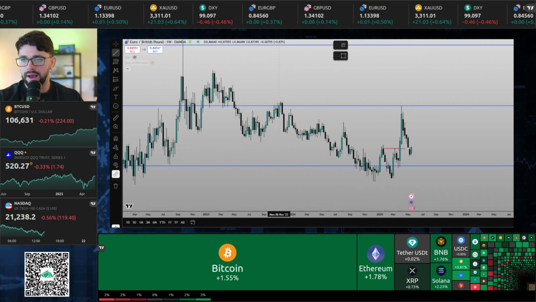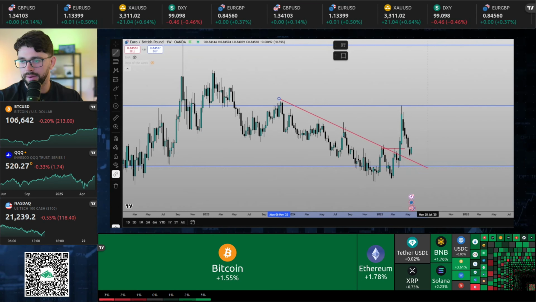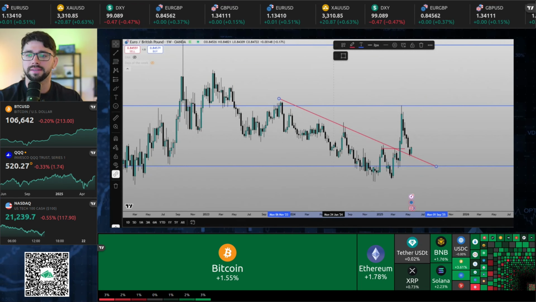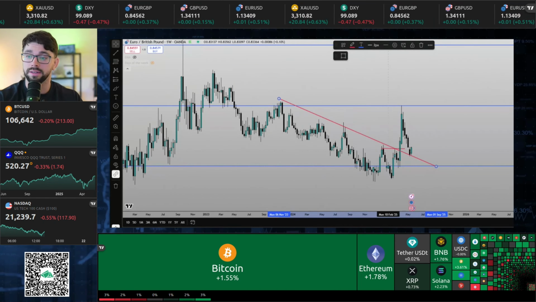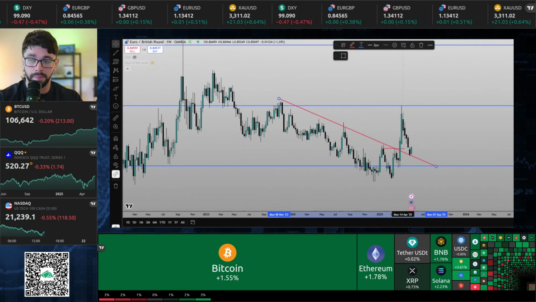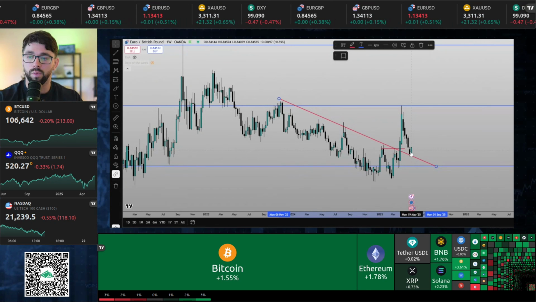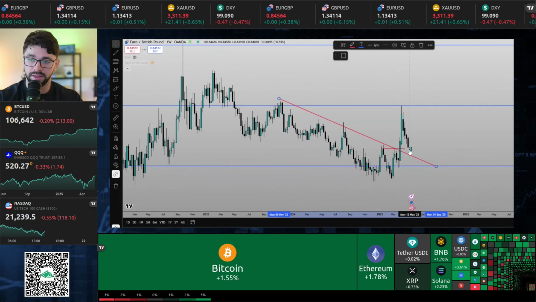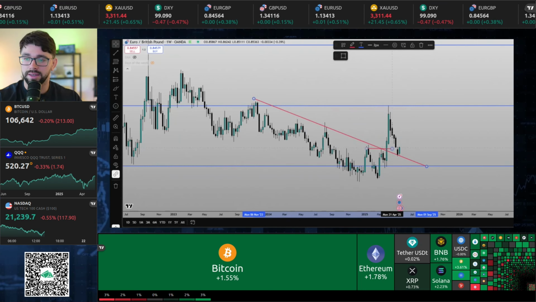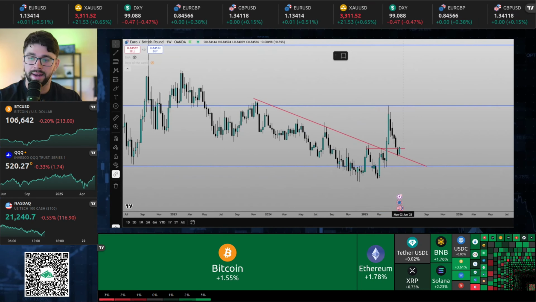Now, you can have a look from where we are here. You've got a really nice trend line where price has stayed with lower highs and lower lows. We've had a break up above these highs, above the trend line, and now we're coming back in to hit the trend line again, and it is within that level as well.